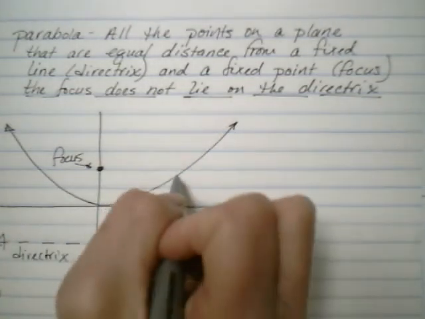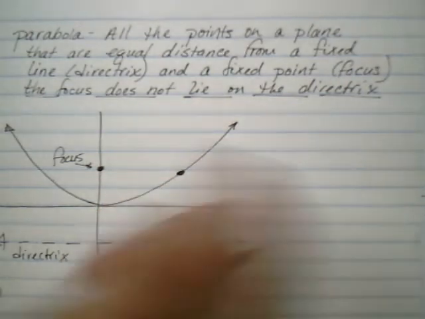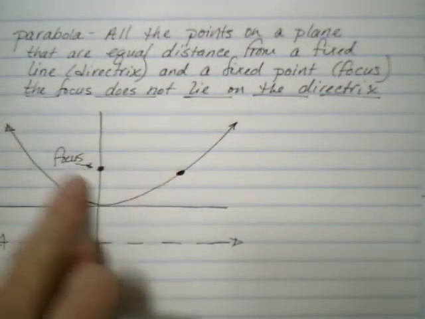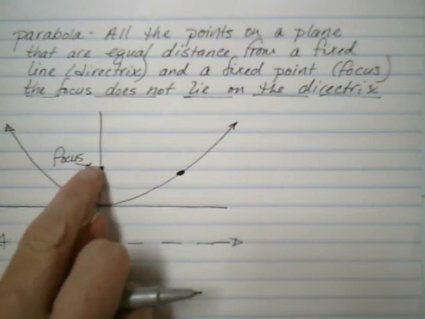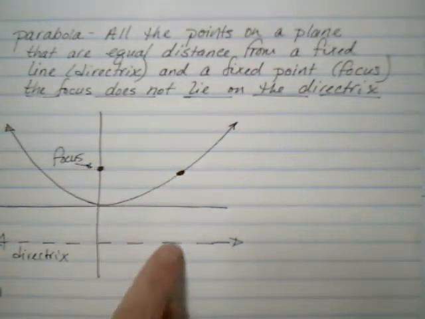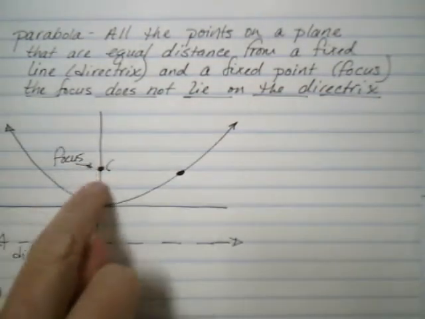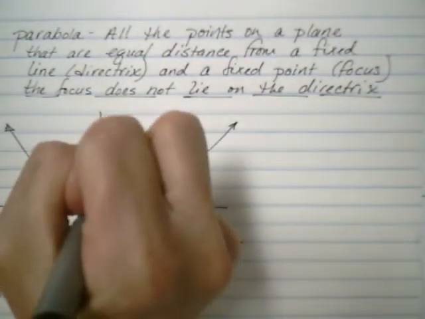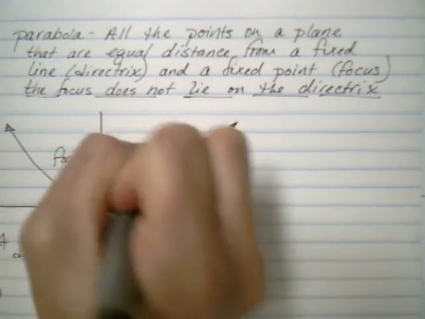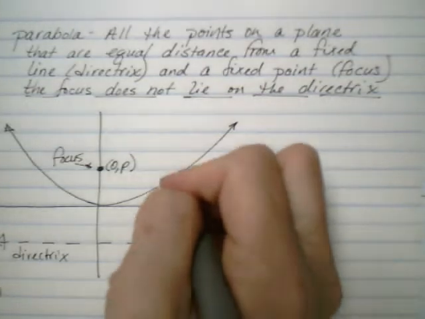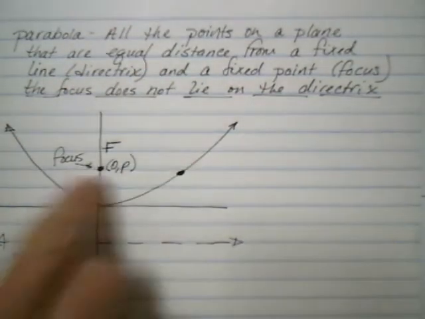So let's take a point anywhere on this curve. I'm going to take the distance from that point to the focus and from that point to the directrix. So let me put the value for the focus on the y-axis to be 0, p, and we'll call this point F for focus.